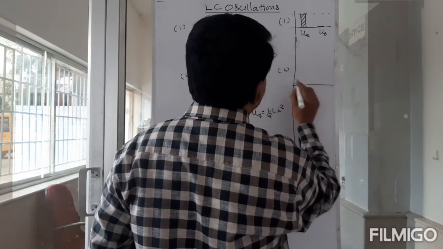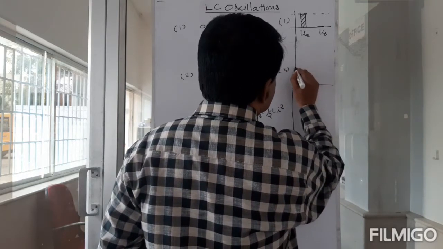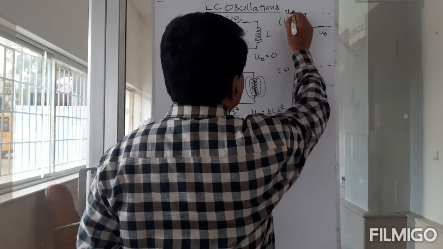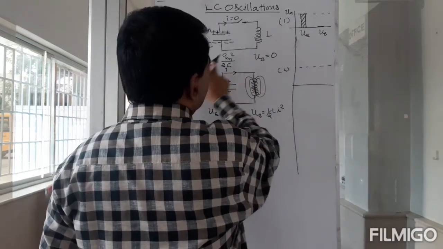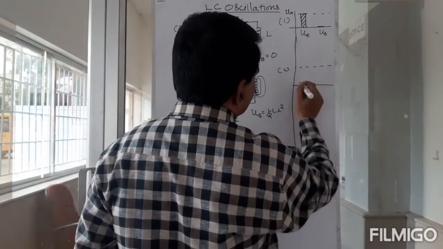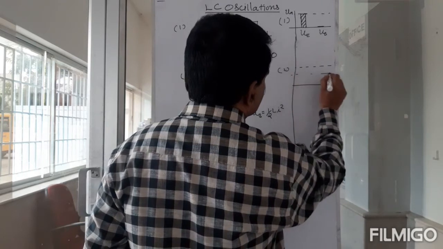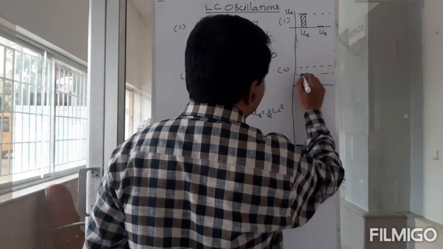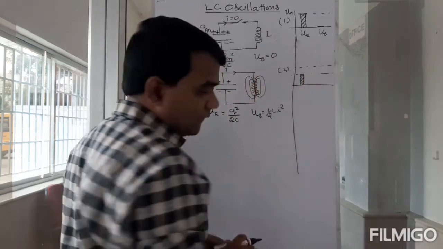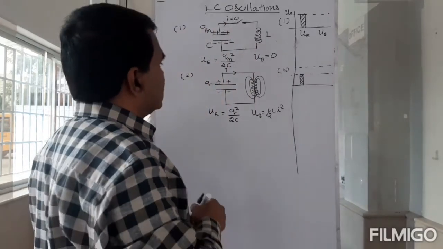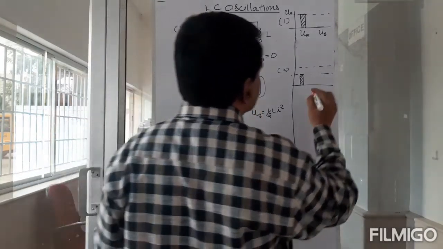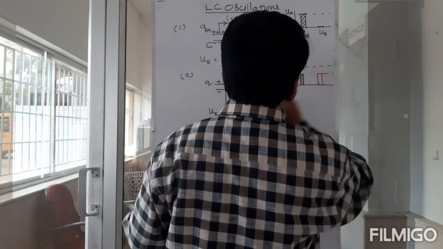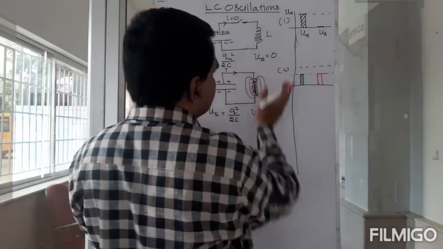You don't have a maximum here, so this is U max, which is equal to this U value anyway. Now you have something else. This has come down, your UE has come down. Now you also have magnetic field energy there.